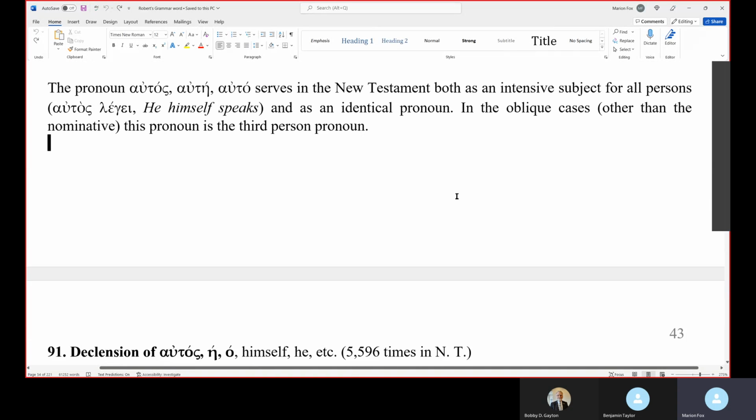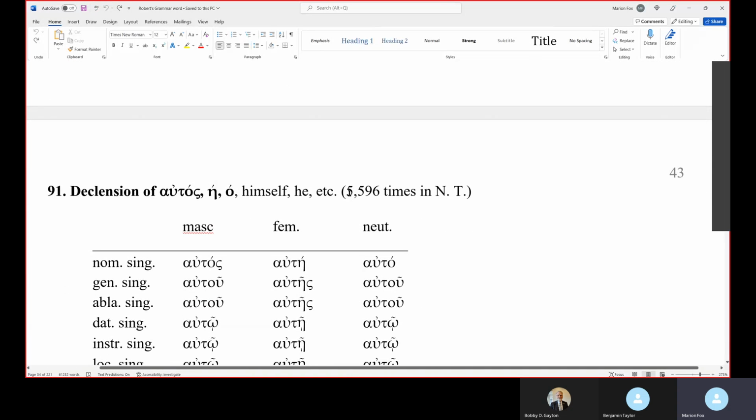Now this pronoun is found 5,596 or 597 times, depending on which manuscripts you use. I think there's one manuscript where it's not there, but it's in the other manuscripts. So about 5,596 or 97 times. Okay.